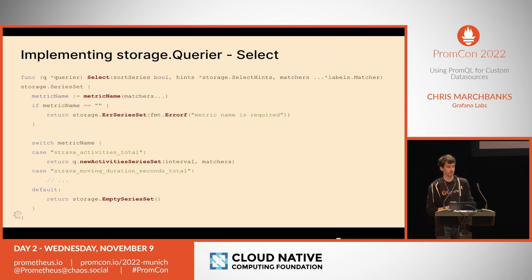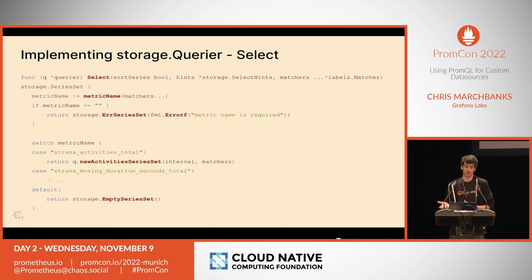So let's take a look a bit more at Select. This is a common pattern I have found when making these custom PromQL servers: Select comes with matchers, and the first thing I've commonly done is parse out the name and require a metric name to be set. Prometheus doesn't strictly need a metric name in every query, which is very powerful, but with a lot of other backend data sources you'd be fetching far, far too much data if you tried to effectively do a select everything.